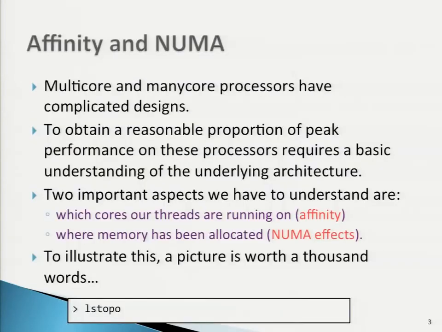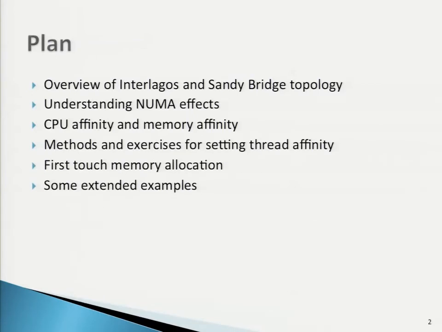So I'm going to start the talk today with just an overview of the Interlagos and Sandy Bridge topology and point out some key similarities and differences between the 2 architectures, and we'll start to get an idea about how some of these features might affect performance when we try to scale to using multiple sockets.